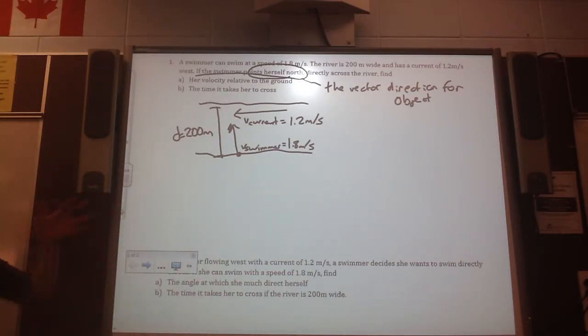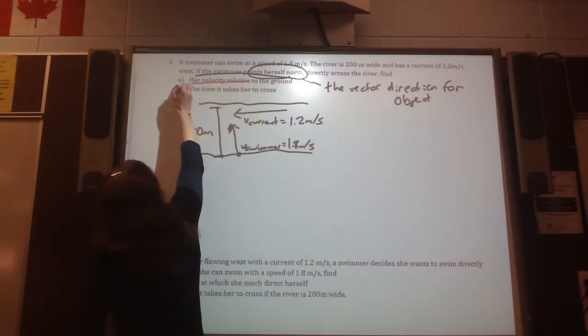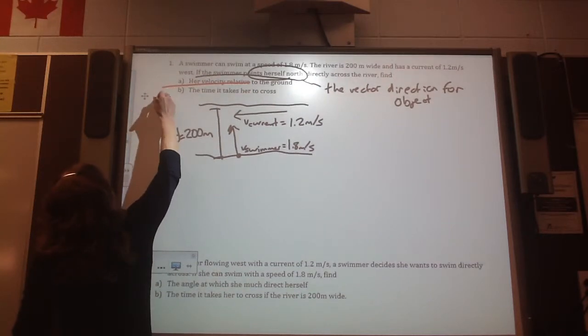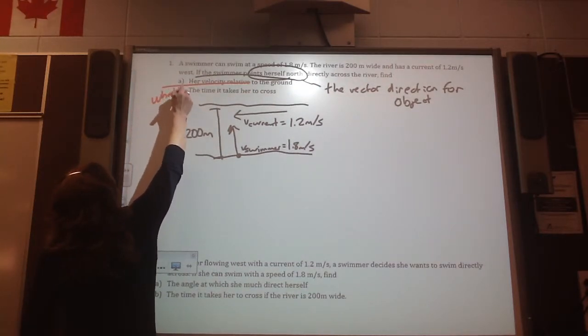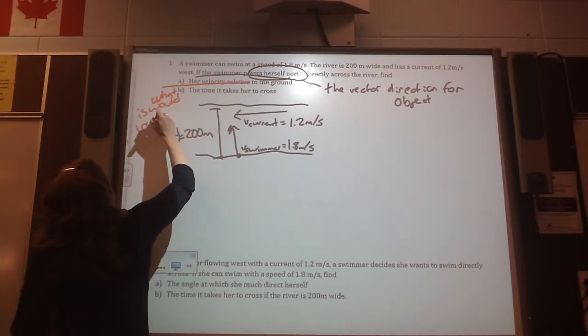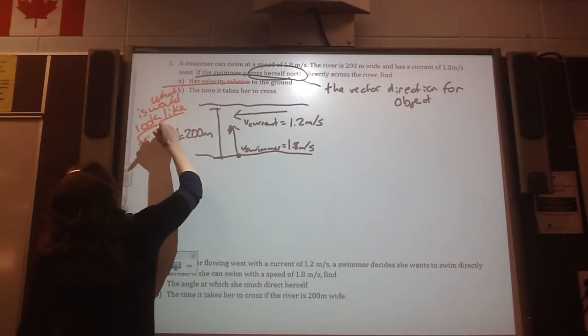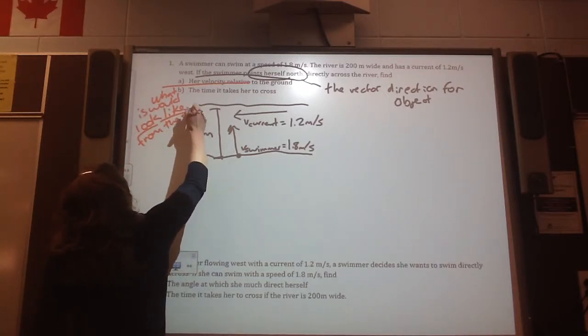So when they say find the velocity relative to the ground, that's what it would look like from the shore.